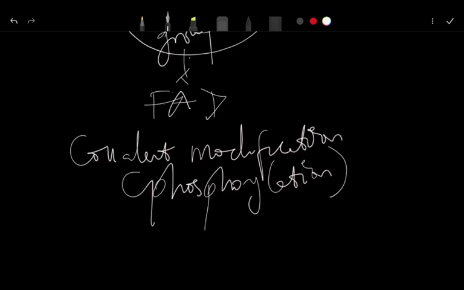While if glucagon wants to inhibit this pathway, it is going to cause phosphorylation. So glucagon causes phosphorylation, thereby leading to inhibition of the enzyme, while insulin causes dephosphorylation, thereby leading to activation of the enzyme. That is the catch.